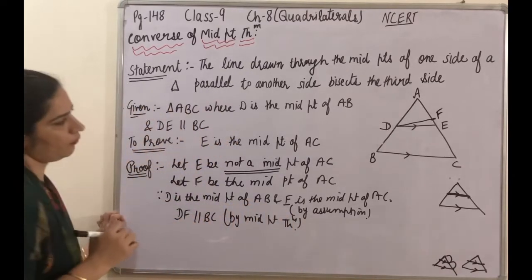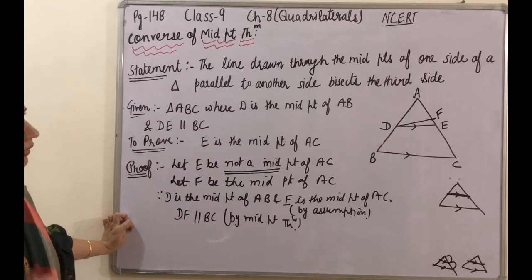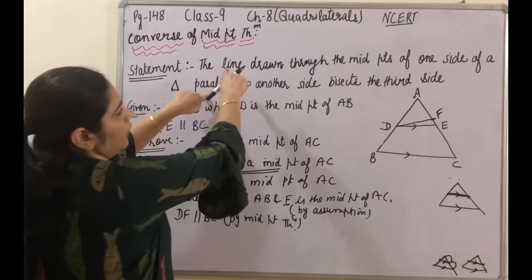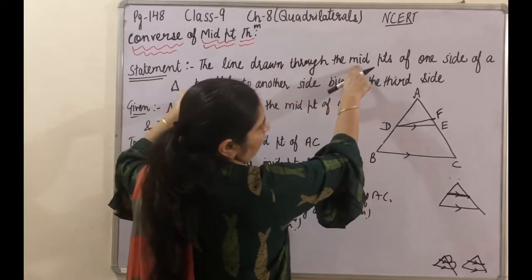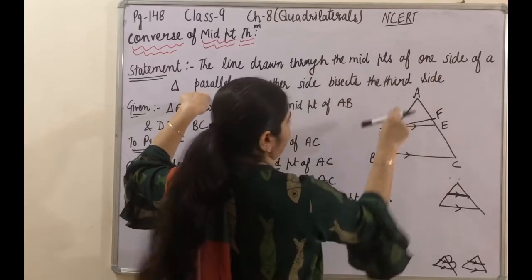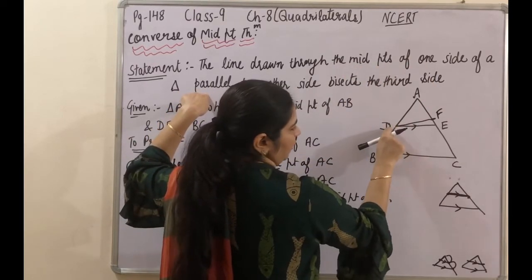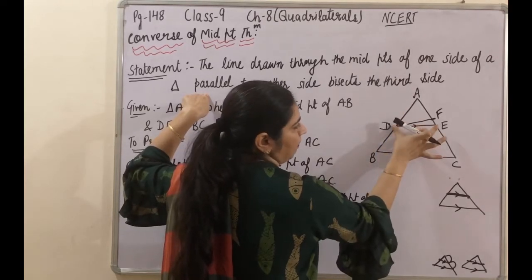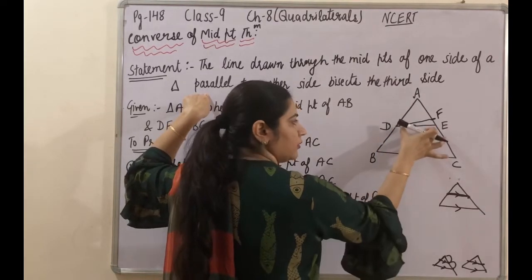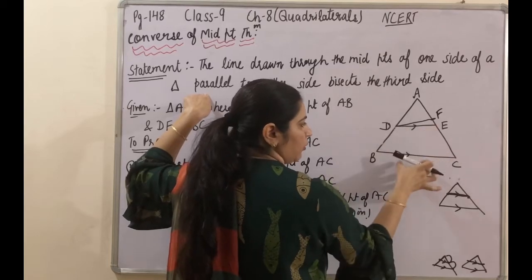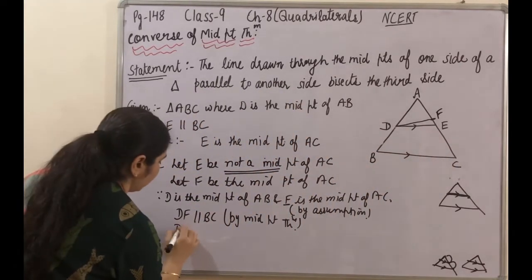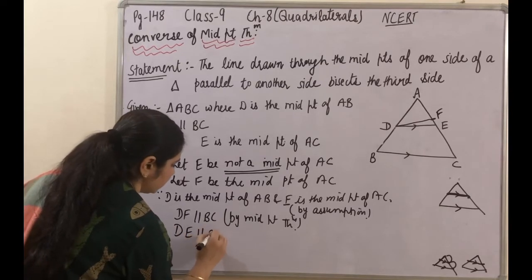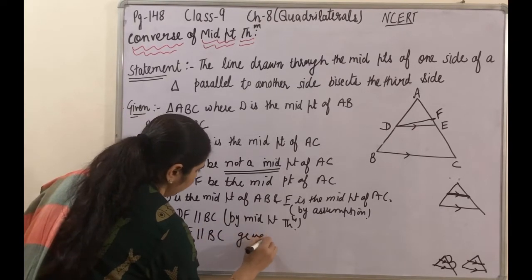But already something was given. Read the line carefully. A line drawn through the midpoint of one side of a triangle is parallel to the third side. D is the midpoint, and DE is parallel to BC is already given.